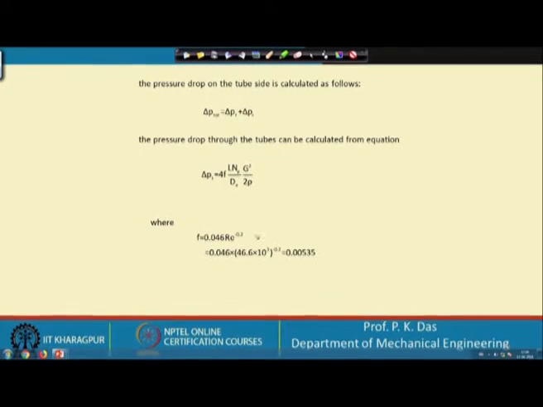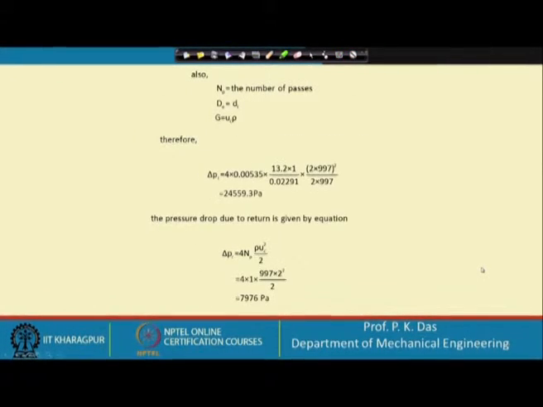So, you see we are getting the friction factor, and from the friction factor, this is your Reynolds number. So, this gives the friction factor, F is the friction factor. Now, if we go to the next slide, NP is the number of passes, here it is only one pass.